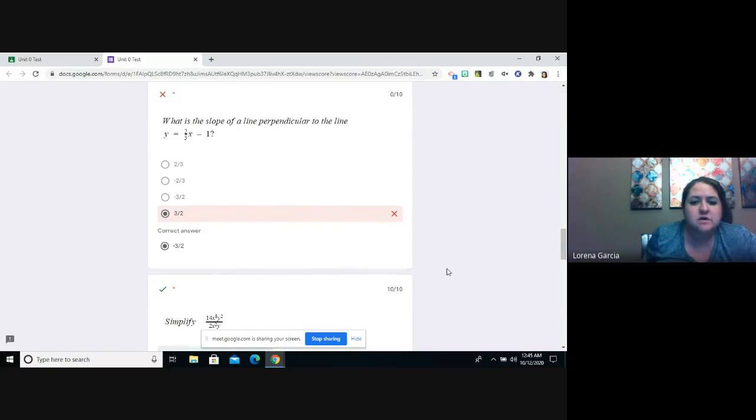If you look at number 7, they put 3 halves as their answer. The correct answer was -3 halves. So I already know if I'm the student in my KMAS, my mistake was I forgot to make it negative. But let's look at the problem and see why. So let's go ahead and open up the test and do our KMAS.